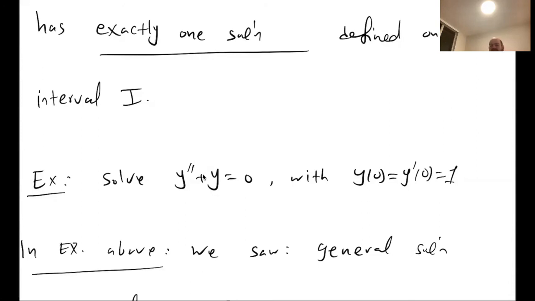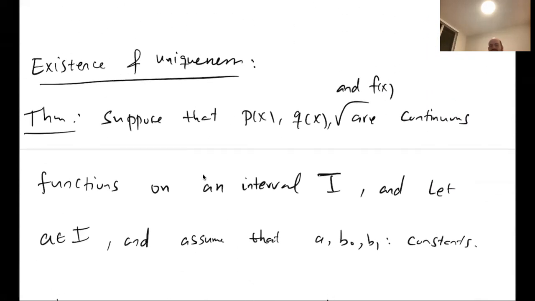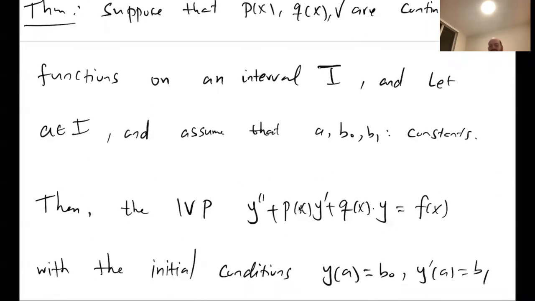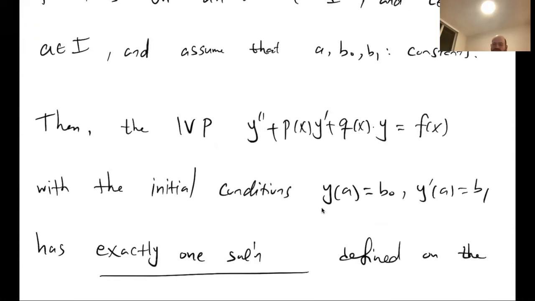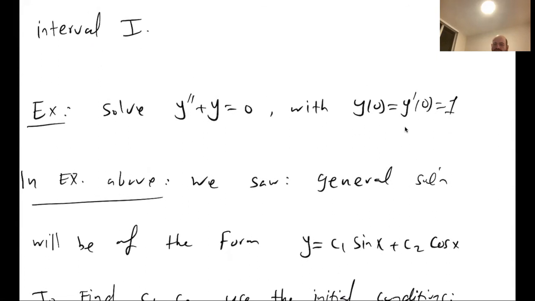The coefficients must be continuous in order to have a guarantee for a unique solution. So the coefficients are continuous, and we have two initial conditions. So the theorem above guarantees having a unique solution.